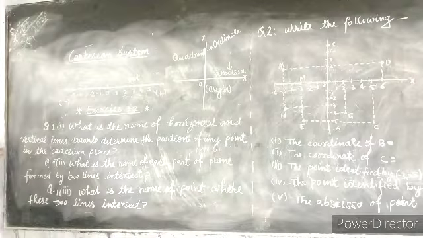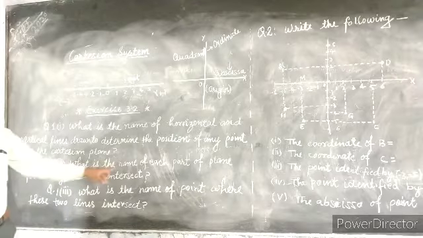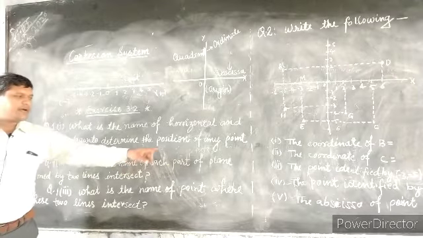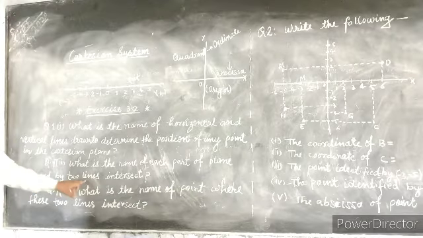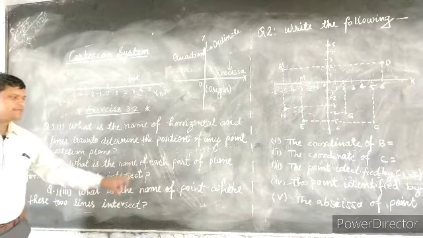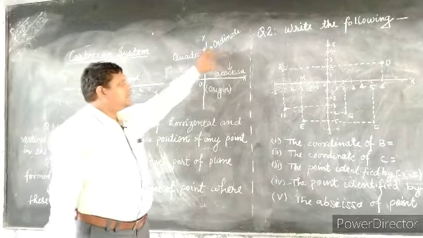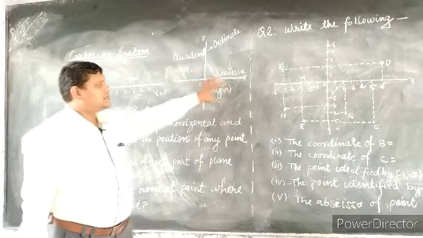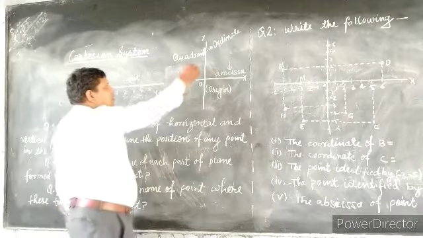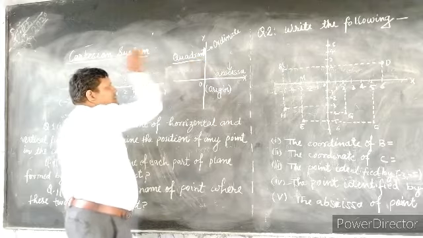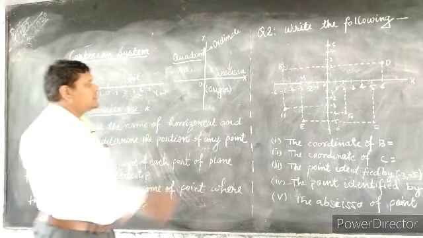Now the second part of this question is, what is the name of each part of the plane formed by two intersecting lines? The question is asking about these parts. These are known as quadrants.